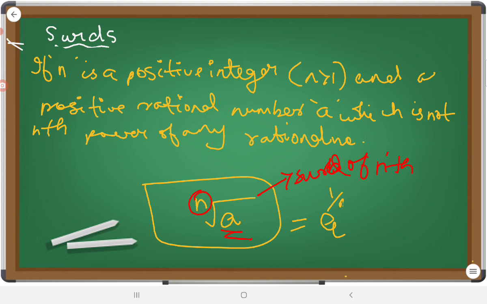If you say the fifth root of 32, 5 is the order. Understood? Hope you captured this. I took a screenshot also. Let's continue.